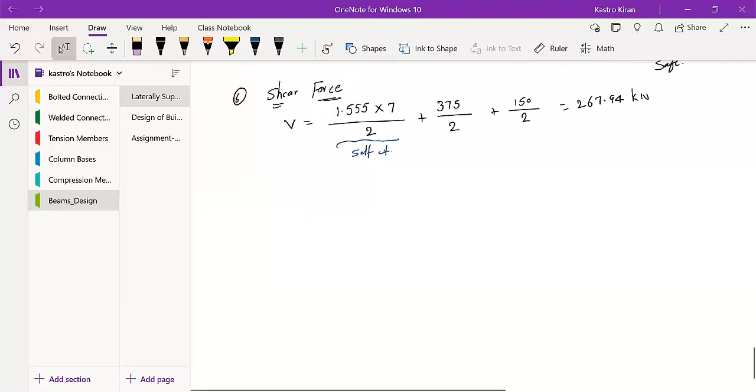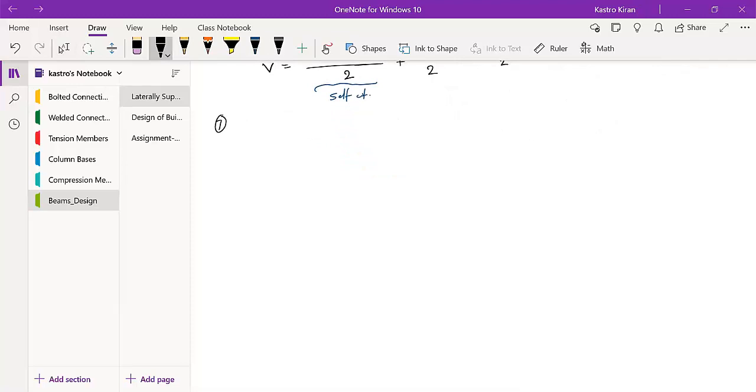Now the next process remains the same. You have to check for design shear strength. You have to find out the VD value, then verify whether it is a low shear case or high shear case. So let's solve design shear strength. How will you solve for it? VD equals Fy by root 3 into gamma M0 into h into tw.